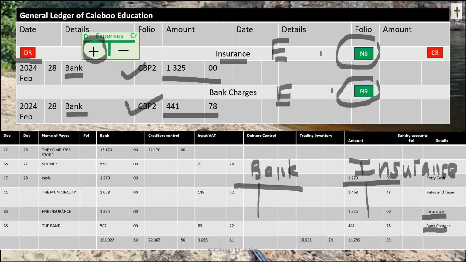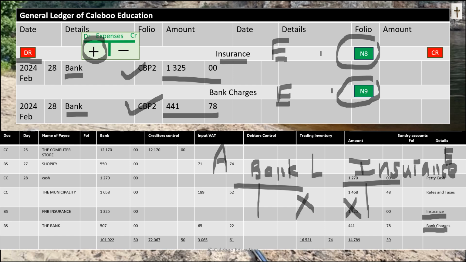You can go check out my video on T accounts, what they mean. So bank is an asset. If you were in overdraft, it would be a liability. Insurance is an expense. Now in this transaction, insurance was debited and bank was credited.